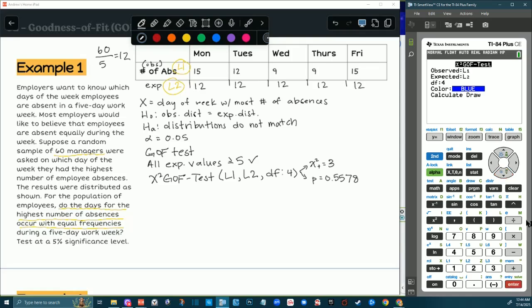And you'll notice when you go down to that last row next to calculate, it also asks you to draw. If you select draw, it's going to draw the distribution and also give you the test statistic and the p-value. So instead of going calculate, if you go draw, it's going to show you what that picture looks like. And we're going to go ahead and sketch that really quick.